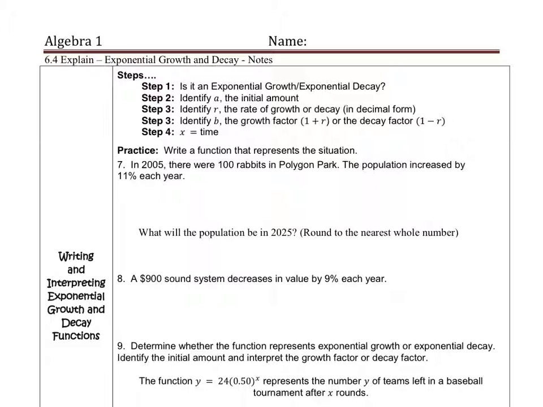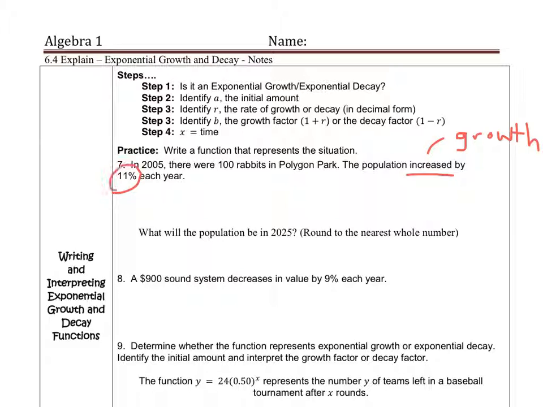Okay, so let's start putting it into a real-world situation. And so we're going to look at number 7, and we're going to pick out the important data. So when we read it, in 2005, there were 100 rabbits in the park. This population increased. That means that we are dealing with growth at 11% per year.